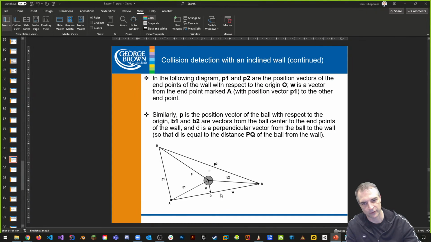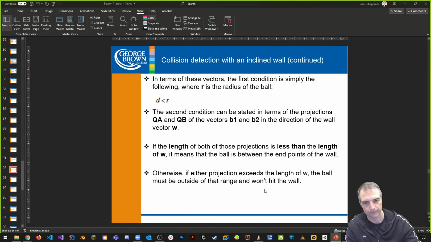That's what they're doing here. But the easier way to do that is to rotate the coordinate space to make it seem like the wall is not itself inclined, but rather the whole coordinate space is inclined. What would happen if this wall was on the x-axis is what we're going to say. And so we can figure it out that way.